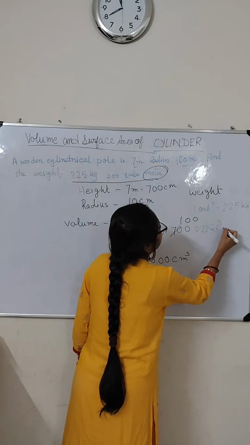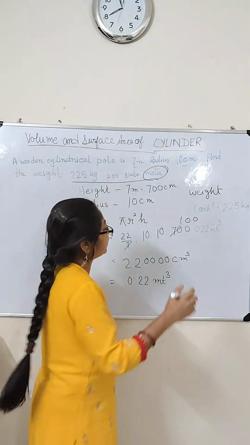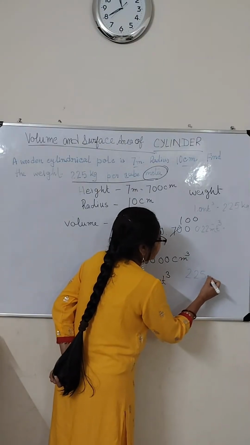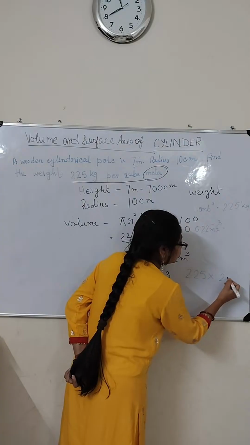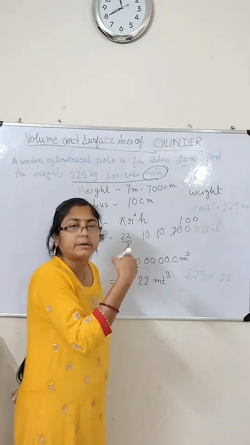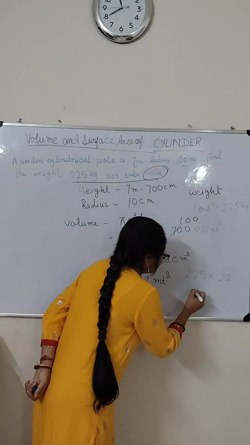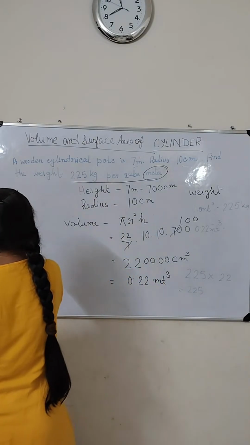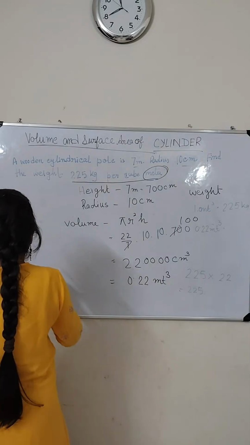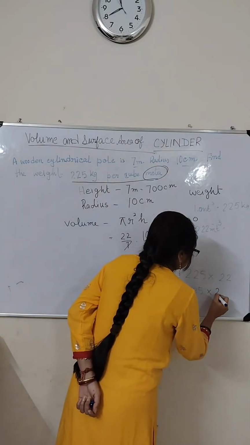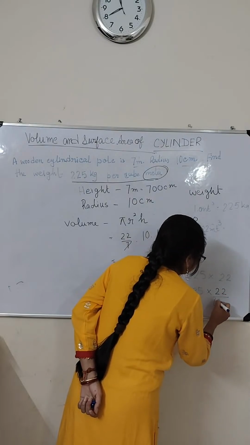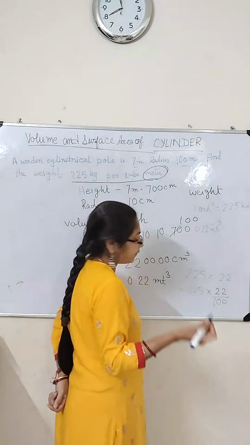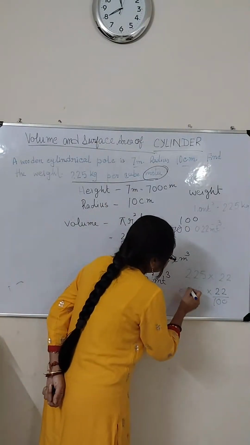How can you do it? You do simple multiplication. So I write 225 into 0.22. Now remove the decimal: 225 into 22 by 100. Remove the decimal and do this. You divide it by 25. You do the calculation alone.